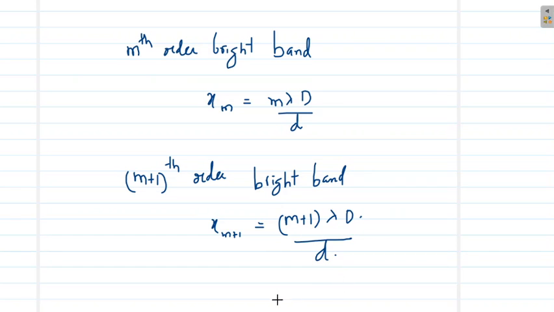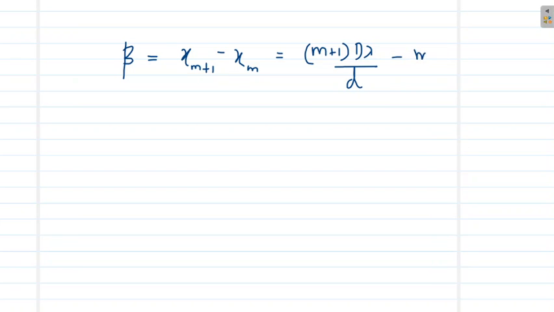So what is the difference between these two? We have beta, which is the separation between the neighboring bright bands. That means xm plus 1 minus xm is equal to (m plus 1) into d lambda by d minus m into d lambda by d. So this will be m d lambda by d plus d lambda by d minus m d lambda by d.